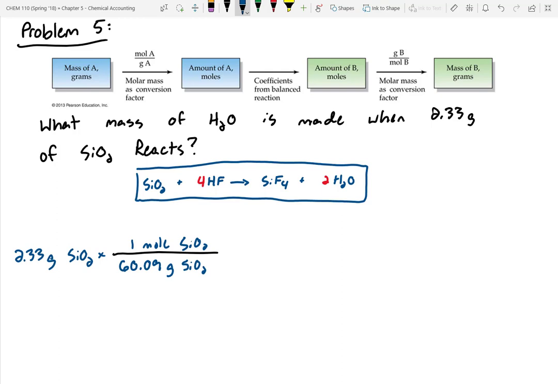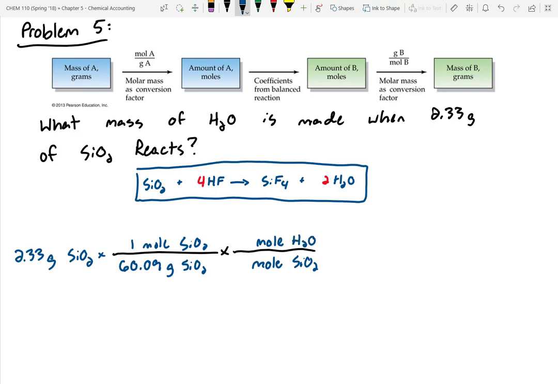Now we've got our moles of silicon dioxide. We can easily convert this using a ratio. So I'm going to convert this right here, and we know we want moles of silicon dioxide on the bottom. Our ultimate goal is to find out something about water, so I'm going to put moles of water on top.